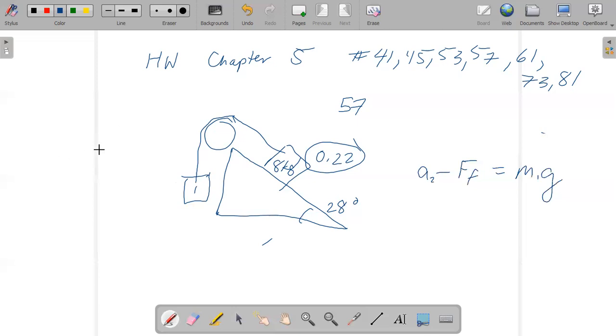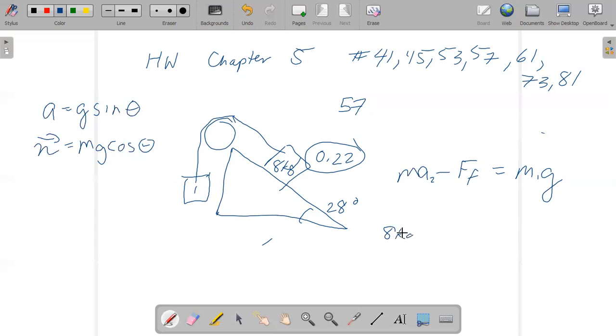When you have a block on a ramp, the acceleration is always equal to g sine theta. And the normal force of a block on a ramp is always equal to mg cos theta.